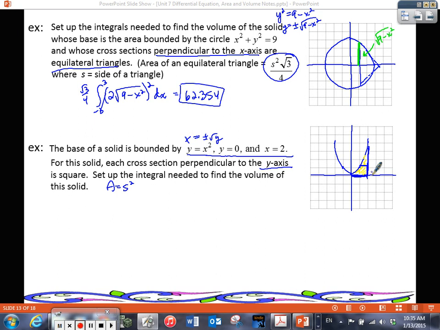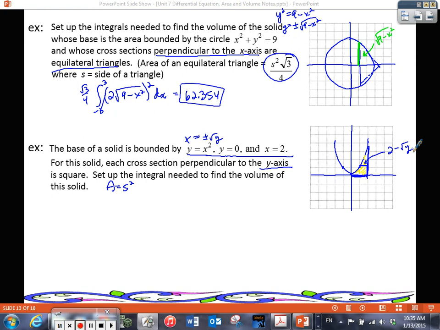Are you with me? So if I use 2, it would give me all of the space in here, and I don't want it all. I want to take out this piece, which is represented by the square root of y. So to represent this location, that's going to be 2 minus the square root of y. That's what's going to give me that distance.